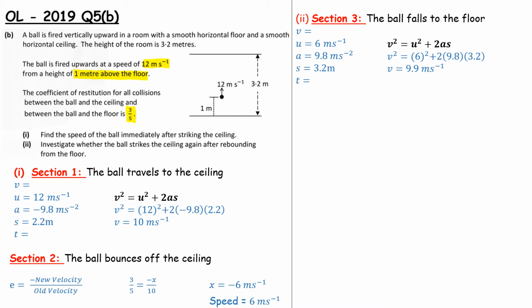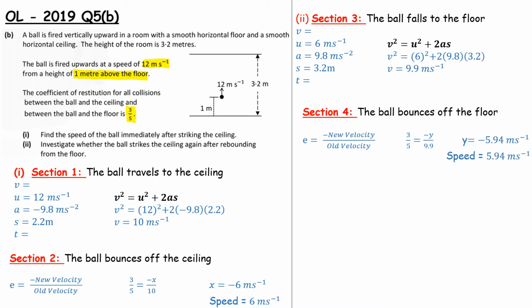So now we understand as it falls to the floor, what happens? I now know the speed immediately before impact. So what will happen as it bounces off the floor? So this is our fourth section. It's the bounce off the floor. I'm going to do something similar to what we've seen. The coefficient of restitution. So I'm going to use Newton's law of restitution here. So E is equal to minus new velocity over old velocity. So E is the same because it was the same coefficient of restitution for the ceiling and for the floor.